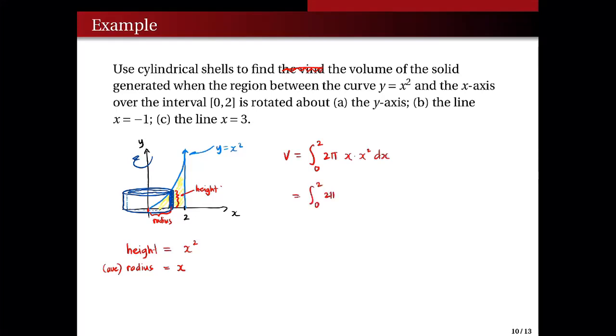So if we calculate this, this is just 2 pi x cubed. If we integrate this, we'll just get 2 pi x to the 4 over 4, evaluated from 0 to 2. If you calculate this, you'll just get 8 pi.